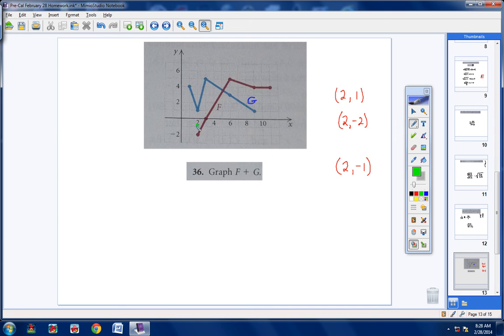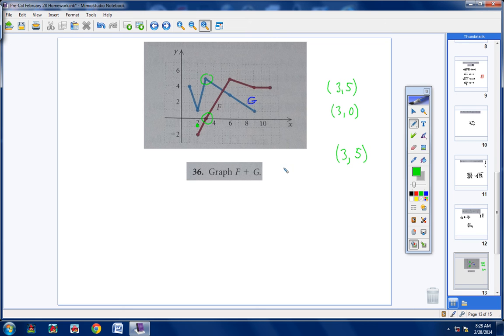Now let's add the next 2 points, this point and this point. All right, so let me get my eraser out, and here we go. We would have what? 3, 5. And the other ordered pair here is 3, 0. So if you add those 2 ordered pairs, the 3 stays the same. 5 plus 0 is 5.